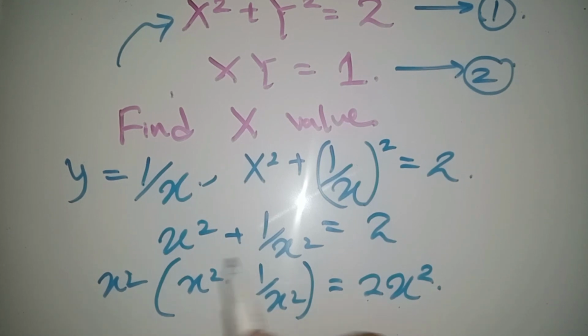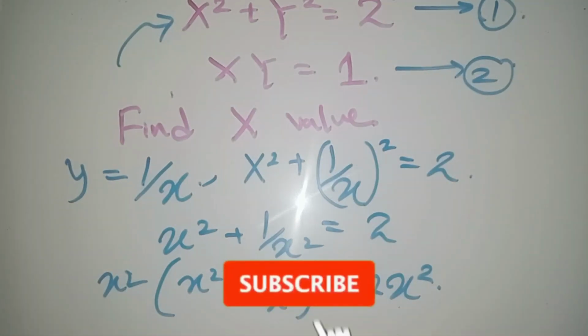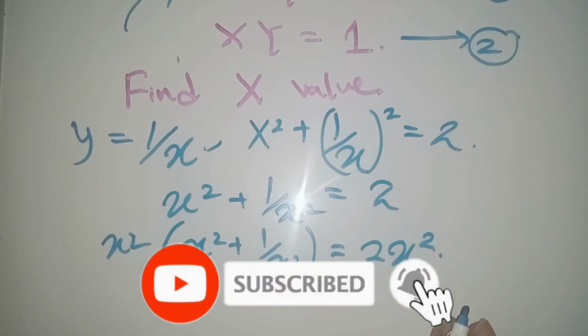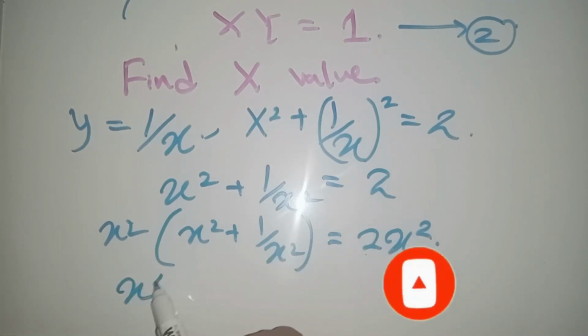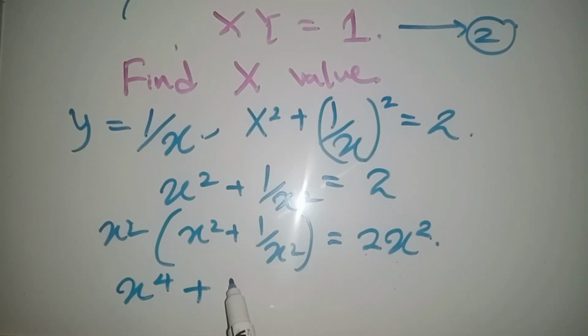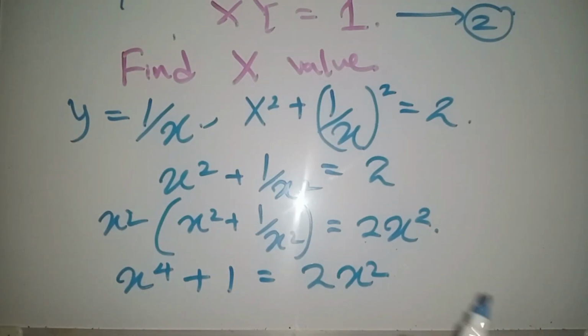Then I multiply this out, and I can rewrite this expression as x fourth power plus 1 equals 2x square. Using this expression, I can find the x value.